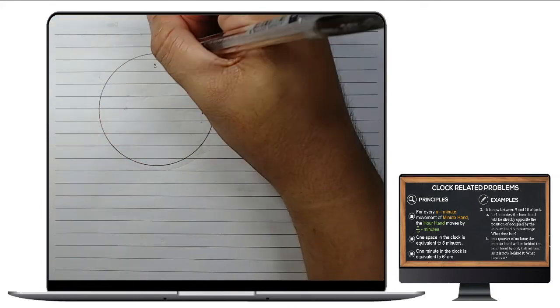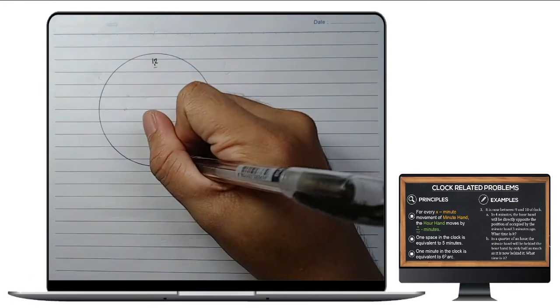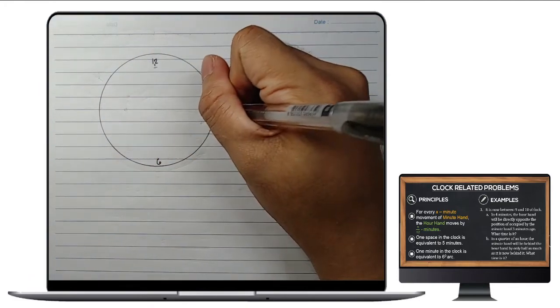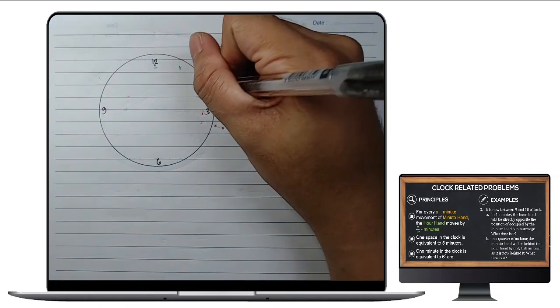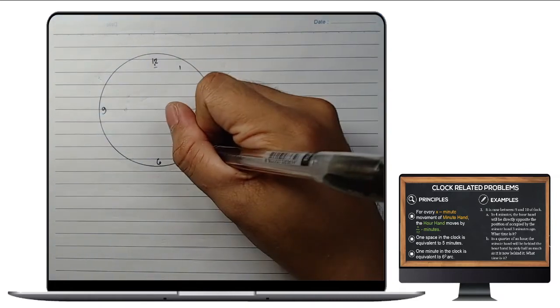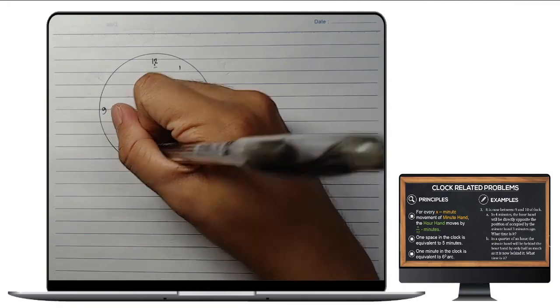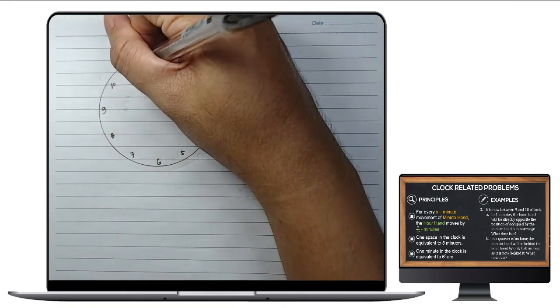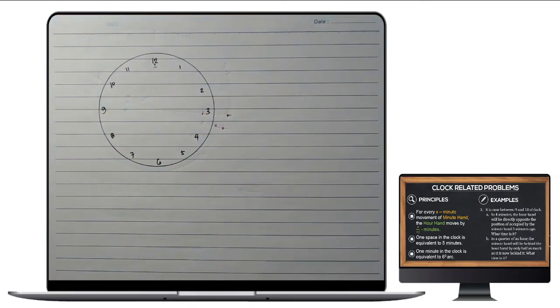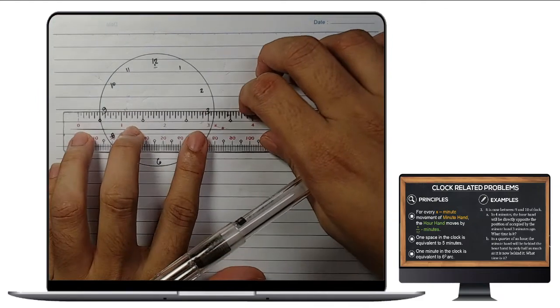Okay, we will just make a clock. Again, let's have the 9 o'clock mark as our reference.